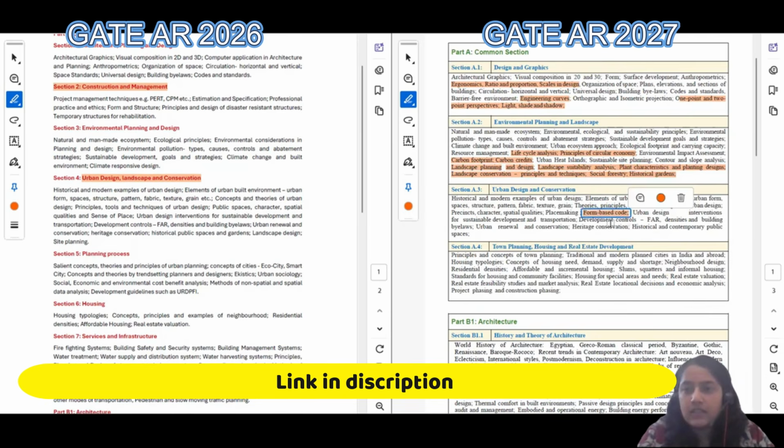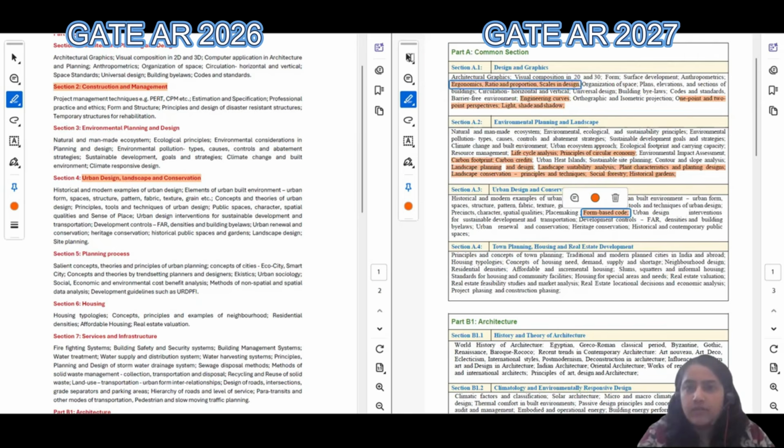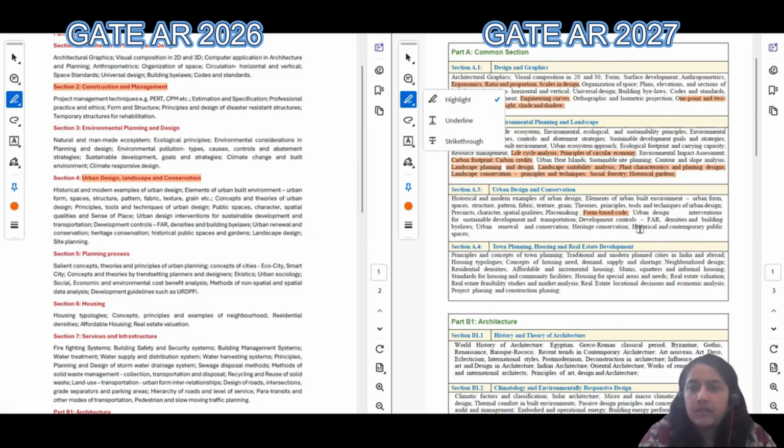This is something that is now more specifically mentioned. Along with that, for conservation as well, various concepts have been specified clearly. Again, historical and contemporary public spaces. This is something that is now being mentioned.